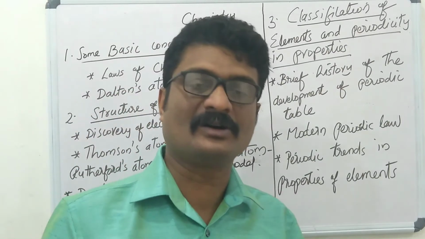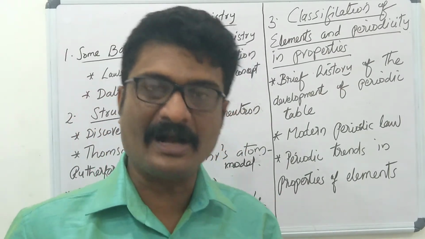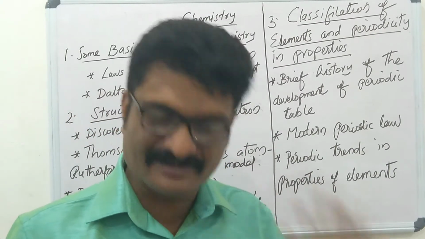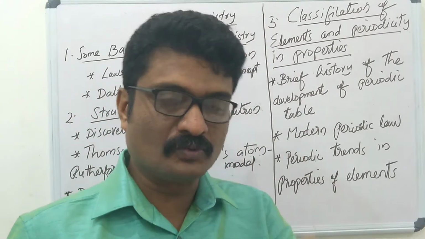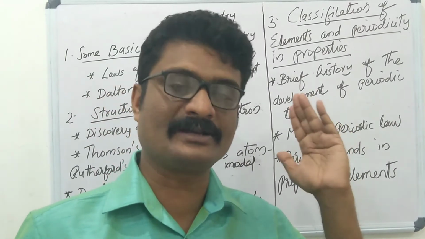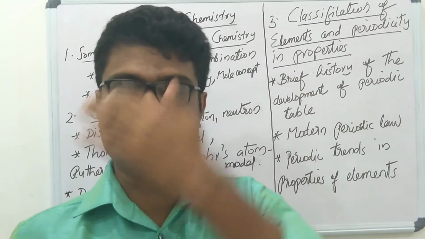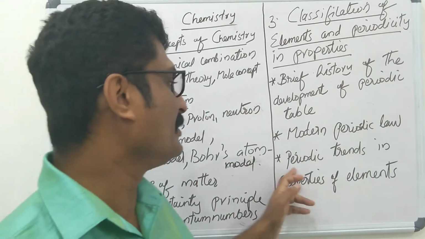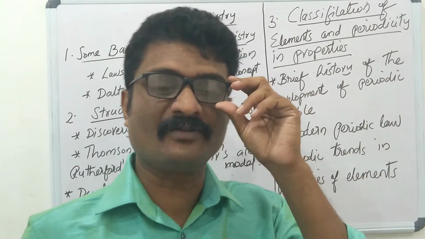That means the variation of the atomic radii, ionization enthalpy, electronegativity, electron gain enthalpy, etc., as we move down the group or as we move from left to right in a period.